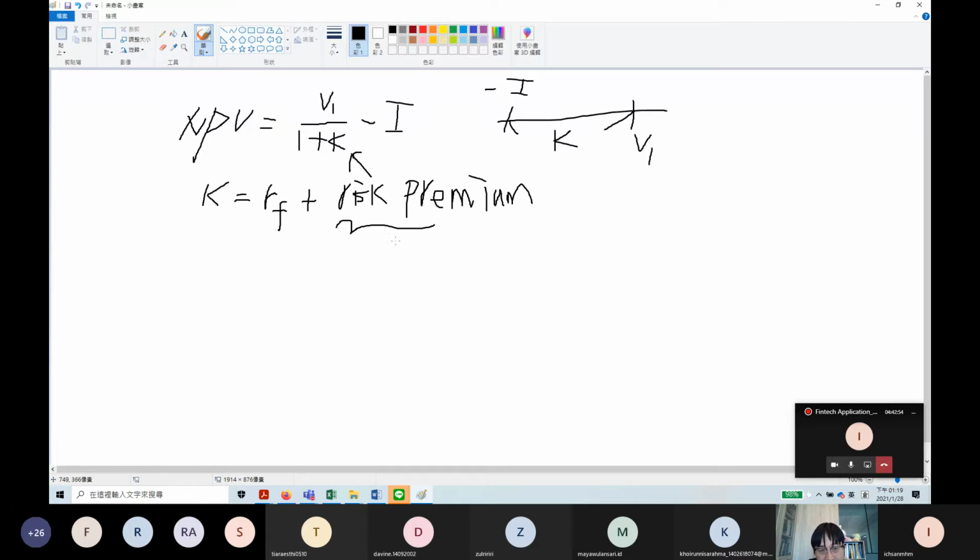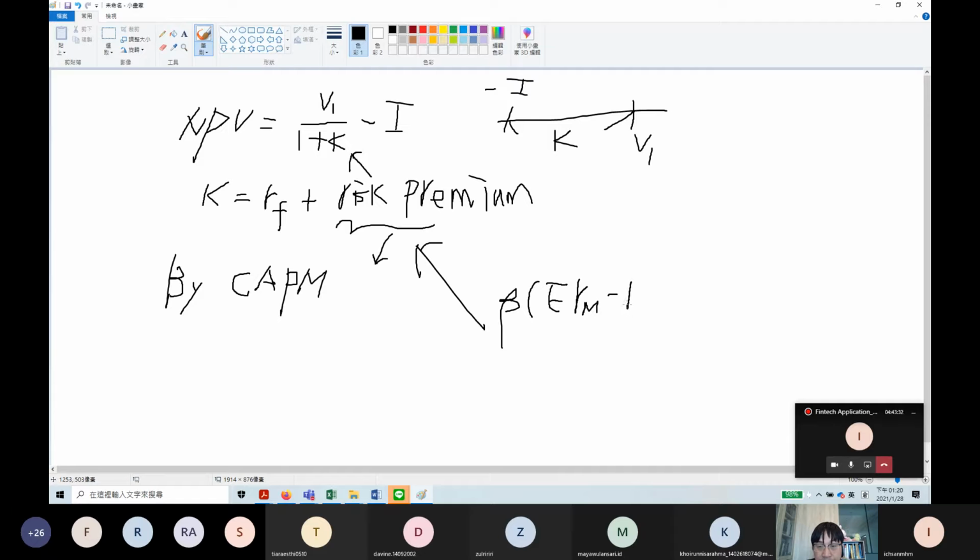By CAPM. The risk premium is beta, the systematic risk, times the market asset return: E(RM) minus RF.